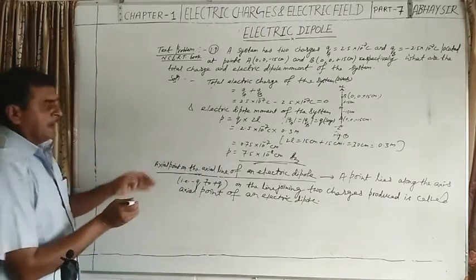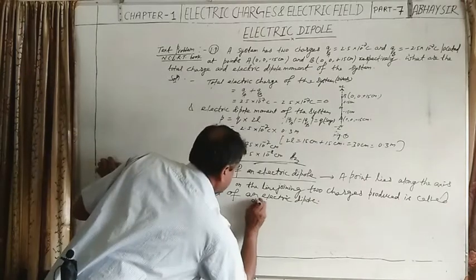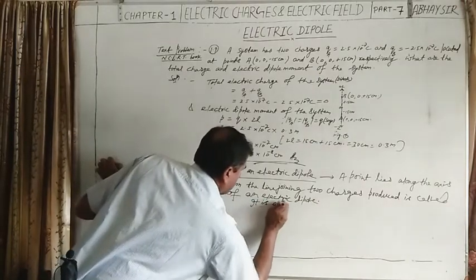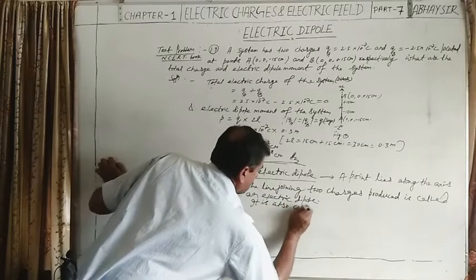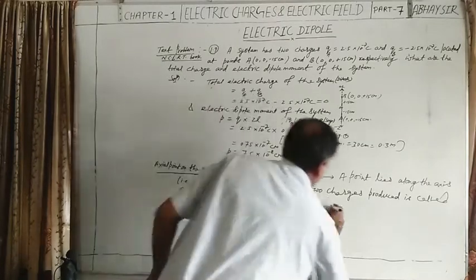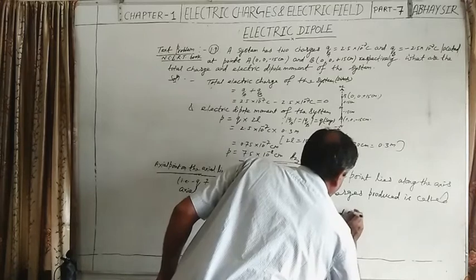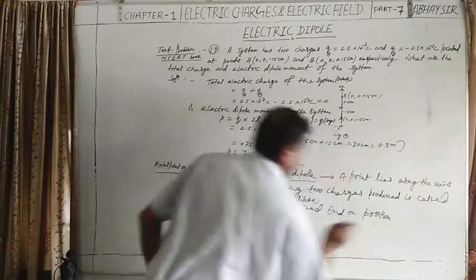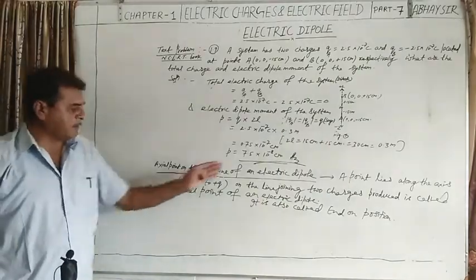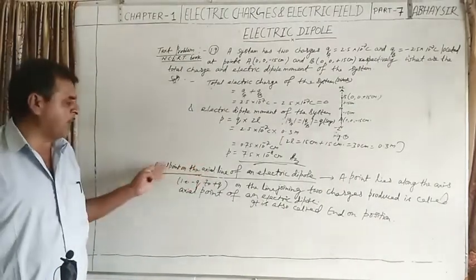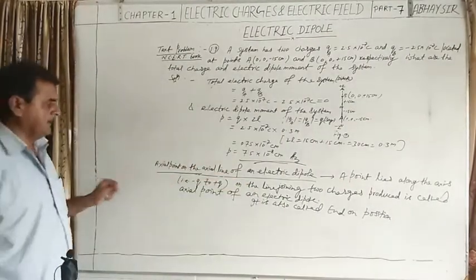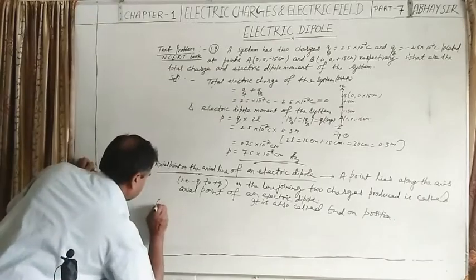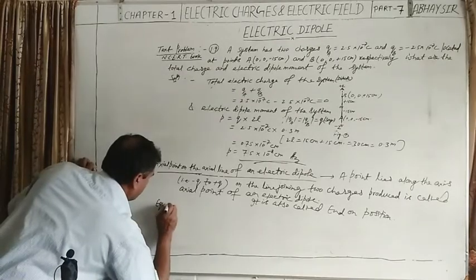It is also called the end-on position. The axial point is also called the end-on position. Now the equatorial line or equatorial point.